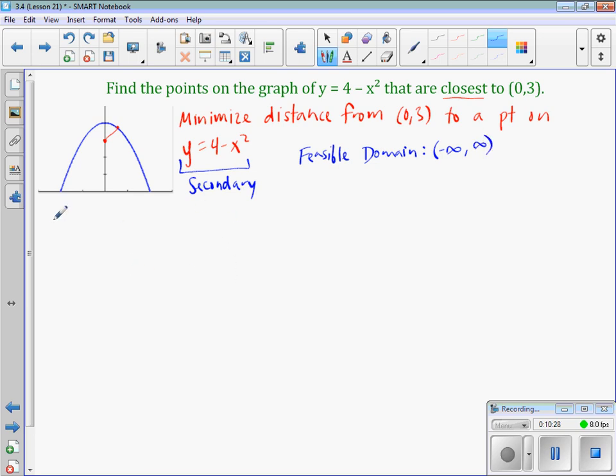Okay, so let's come up with our primary equation. If I'm trying to minimize the distance, do you guys remember the distance formula? Let's say minimize the distance from 0, 3 to a point on this, and let's just call that point x comma y. So this will just be a generic point to start with. How do I find distance? Big square root.